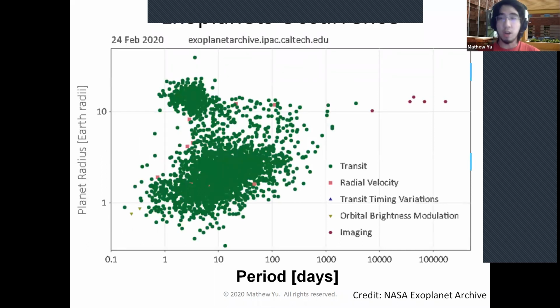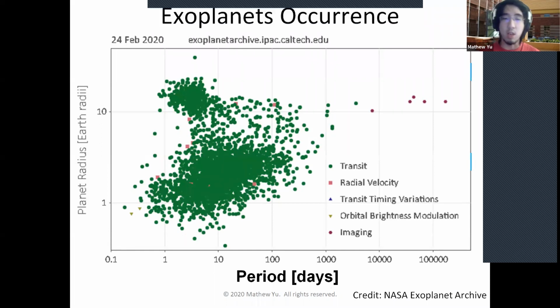On this plot, on the y-axis, we have the planet radius, and on the x-axis, we have the period where the planets are orbiting around. Most of the dots are green, which indicates that most of these planets are observed by the transit method.